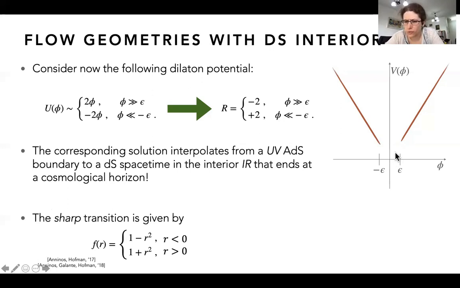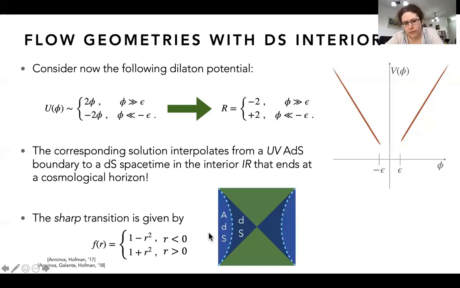I might as well just use an absolute value function. So for the sharp transition, the blackening factor also transitions in a sharp way. It will be essentially the de Sitter metric for negative values of this R, and ADS for positive values of R, and that's how the Penrose diagram would look.